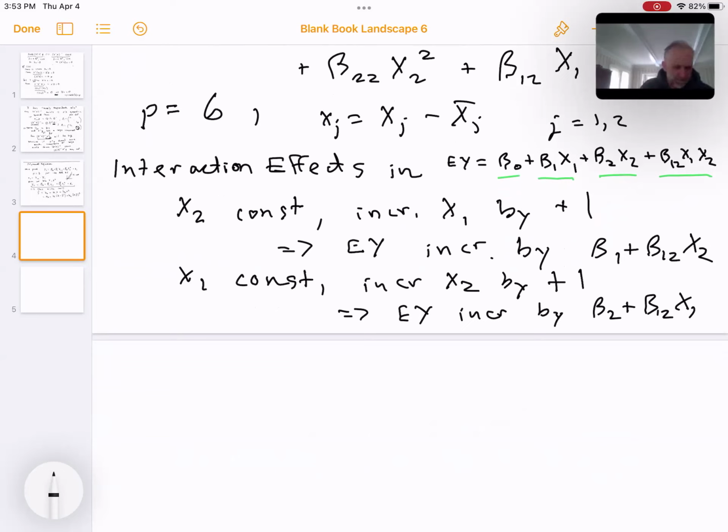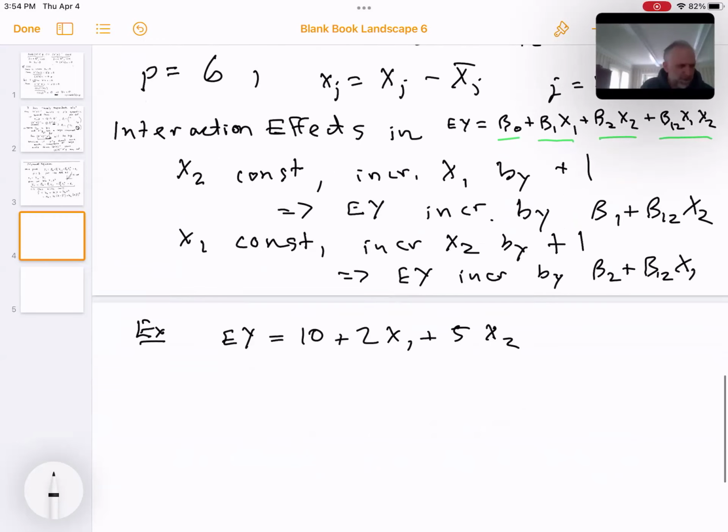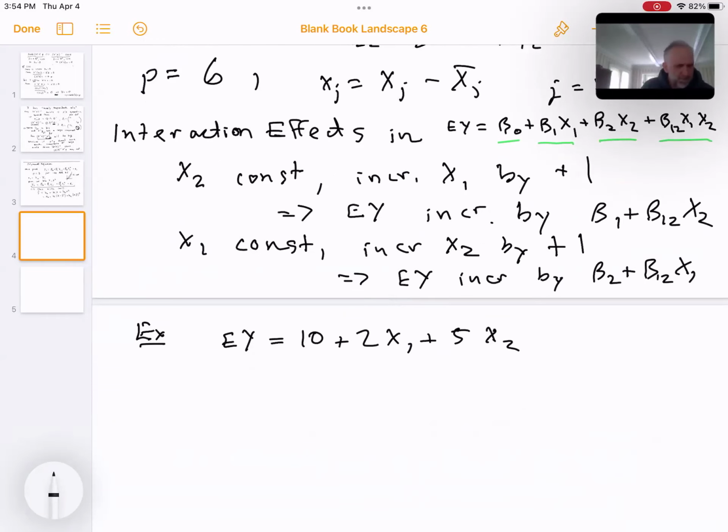So to see a numeric example, say we have E(Y) is 10 plus 2x1 plus 5x2, and we want to consider E(Y) versus x1. How do I plot this?